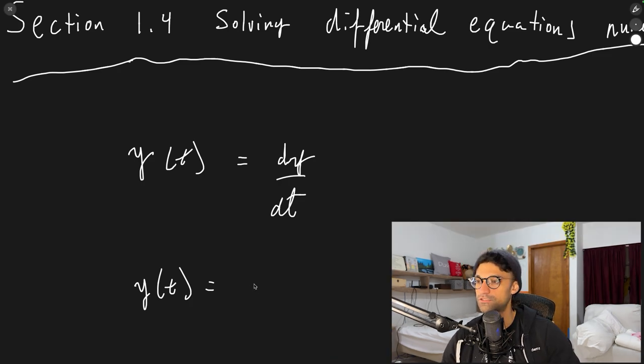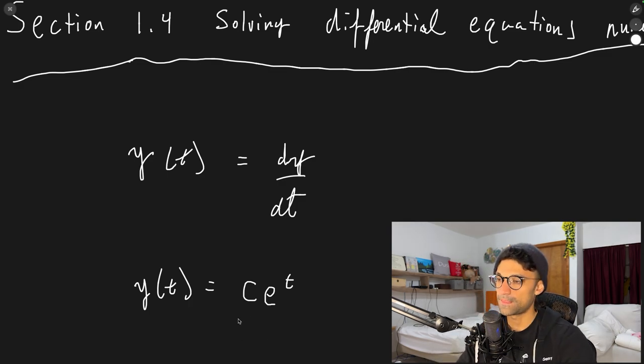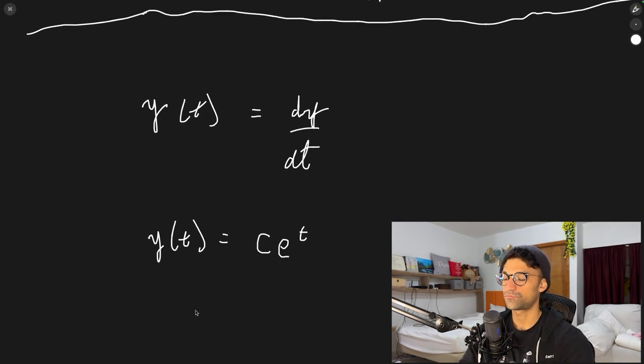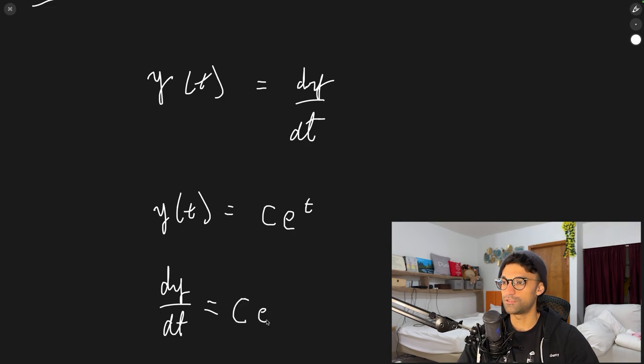It's just going to be some constant times e to the t. Now, why is that? Well, that's because if you differentiate this function with respect to t, we find that it's simply this.